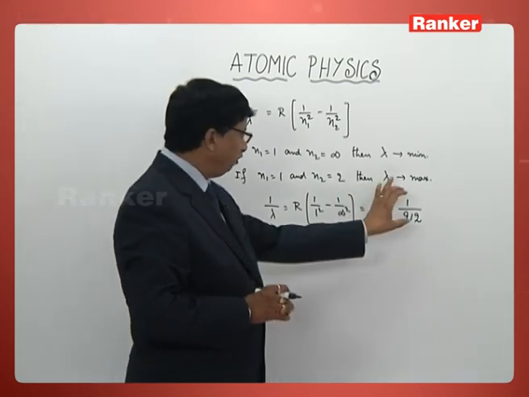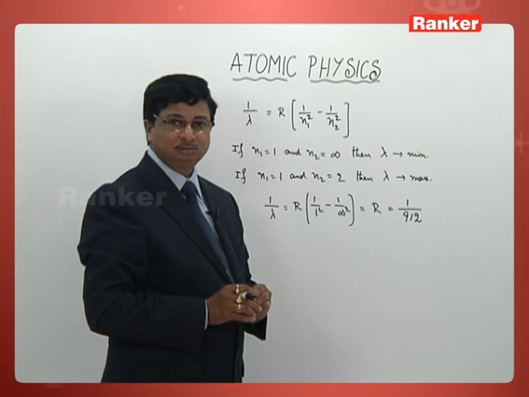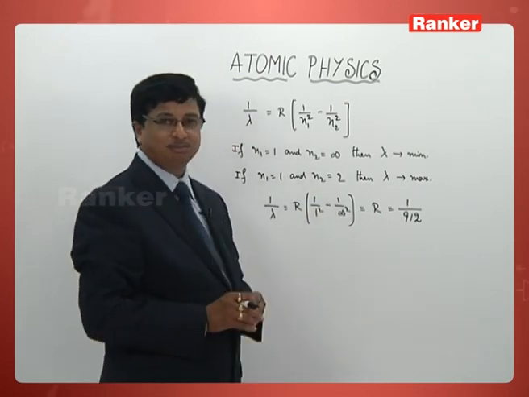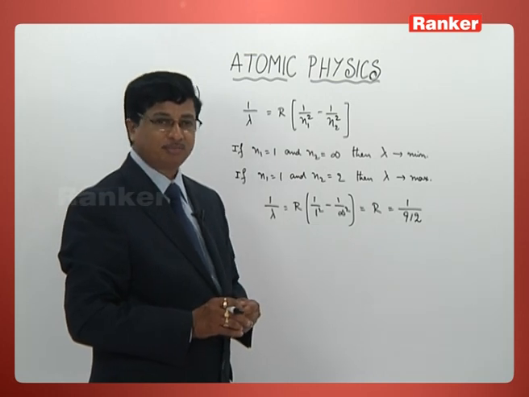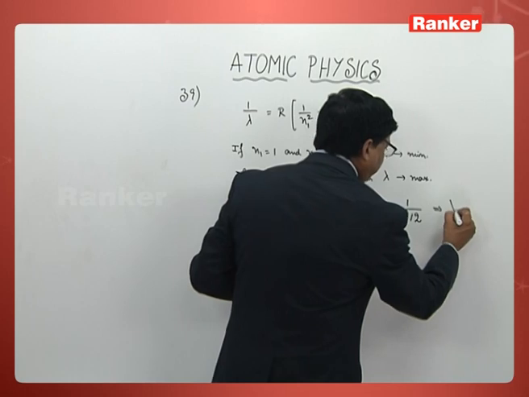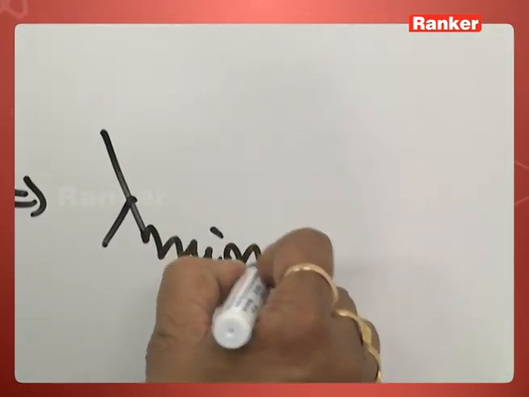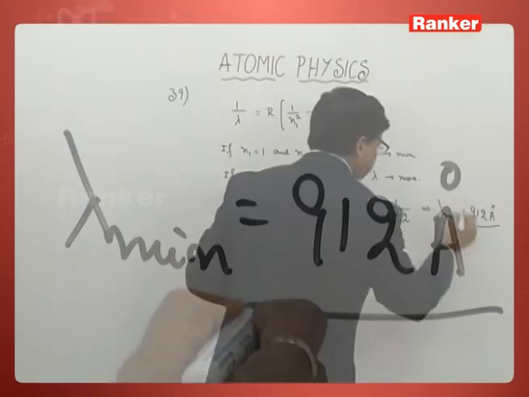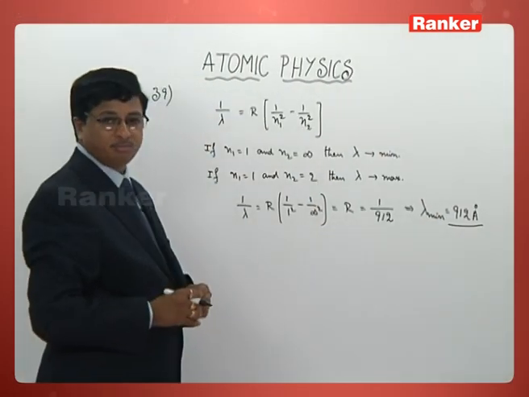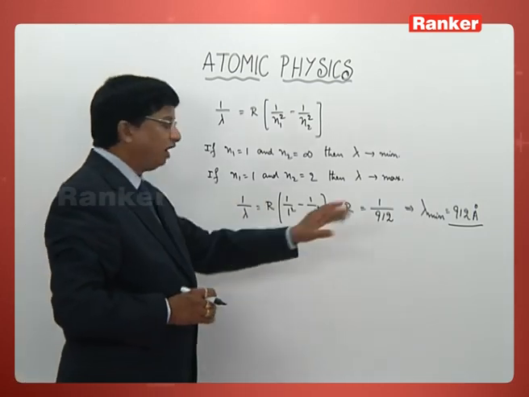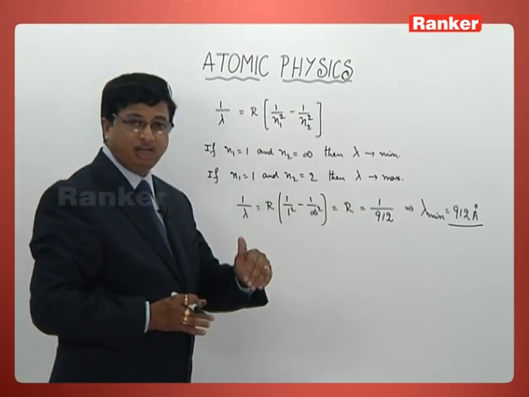If you can remember this value, it is easy for you to simplify the remaining calculation. Otherwise, it takes time. So what will the minimum wavelength be over here? It's simply 912 angstroms straight. So what you should understand is that the value of R is around 1 by 912.